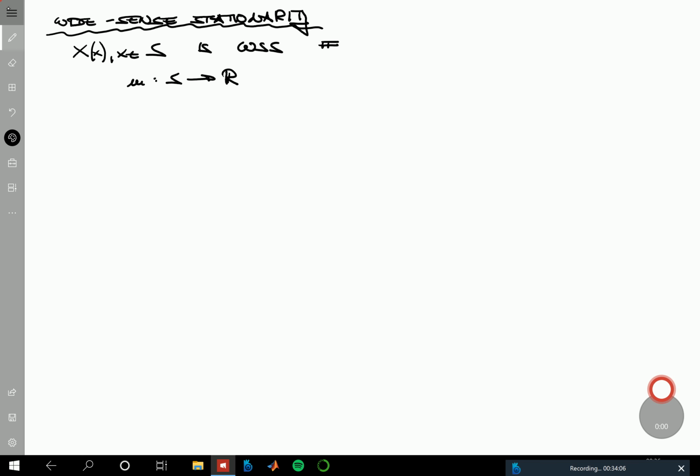This is the property of the covariance function of a random field to only depend on the differences between two locations and not on the absolute locations. So a random field is wide sense stationary if, first of all, the mean function is constant, or the expectation function. I always say mean because it has an n.